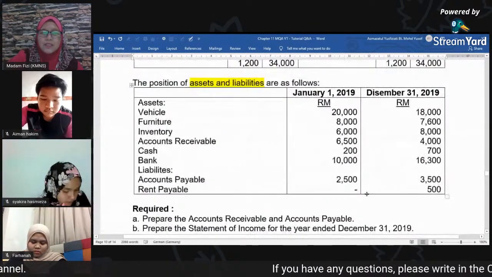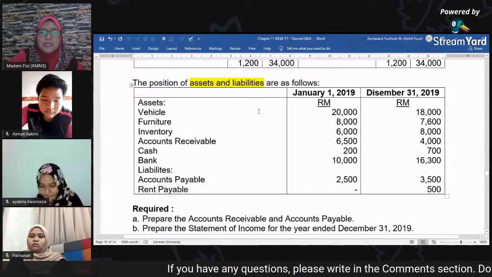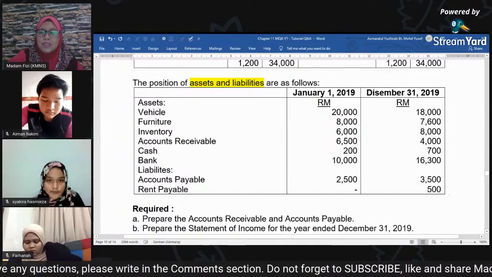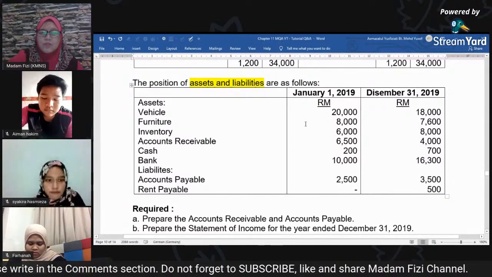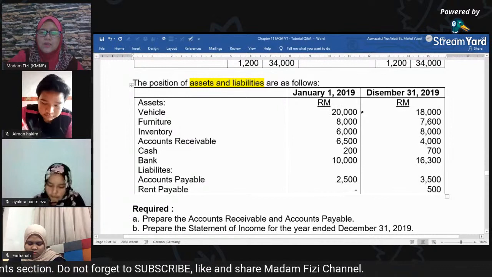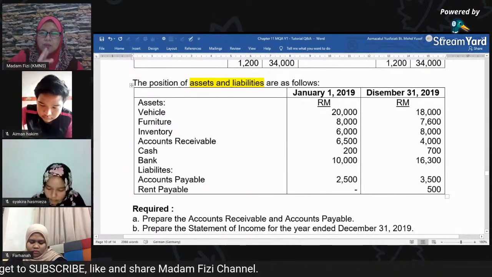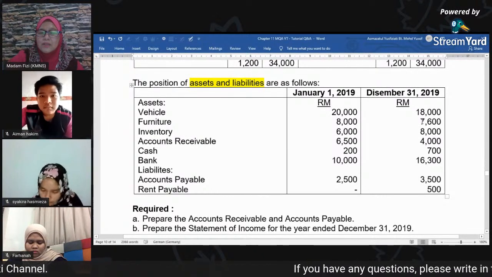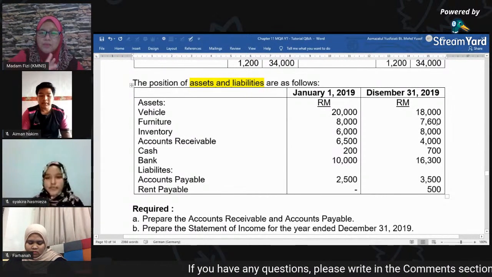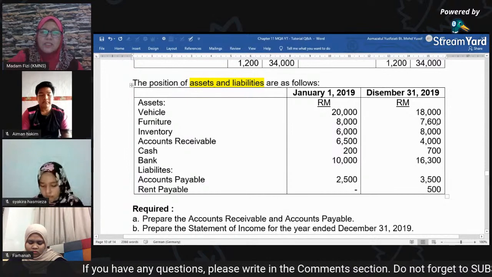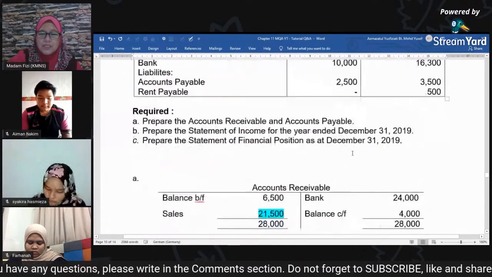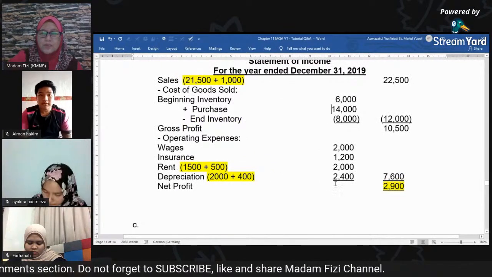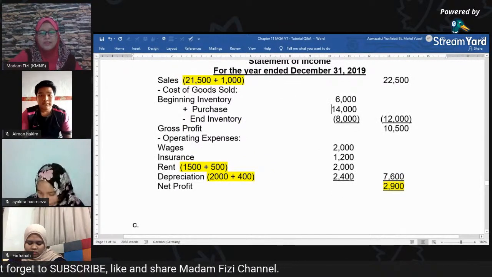Where did we get the depreciation? The depreciation is at the vehicle and furniture. So for vehicle, 20,000 minus 18,000 is 2,000. And for furniture, 8,000 minus 7,600 is 400. So the difference is because of the depreciation. So we get total depreciation is 2,400.